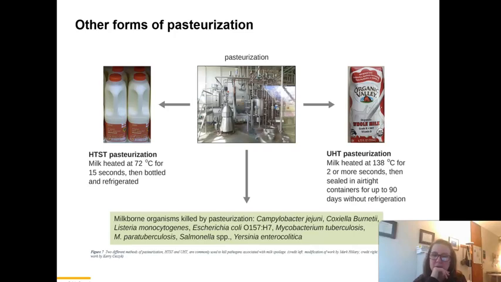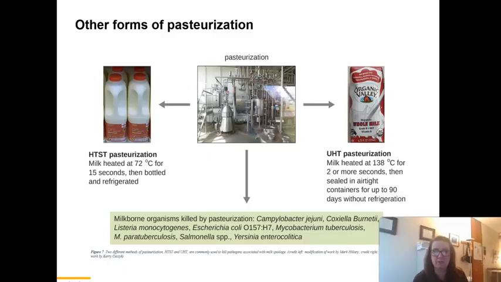And then there is ultra high temperature pasteurization. This is milk that's 138 degrees Celsius for 2 or more seconds, and then sealed in airtight containers that are shelf stable at room temperature. So there are different forms of pasteurization. And you can see here the milk-borne organisms that are killed by pasteurization, and these are the ones that we are the most concerned about.